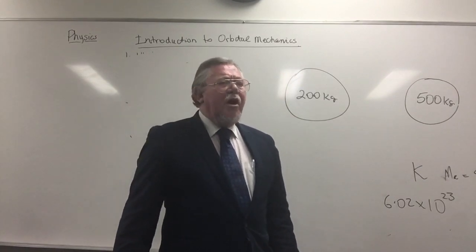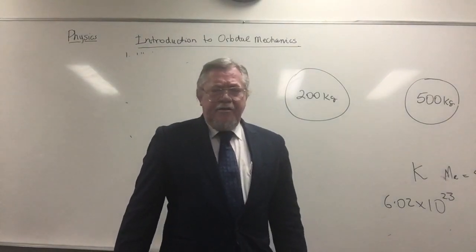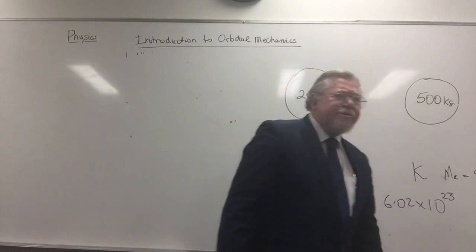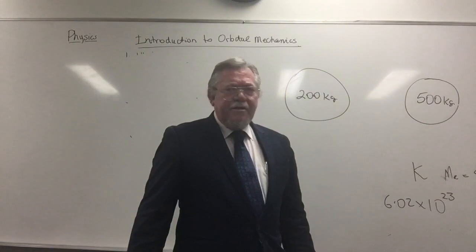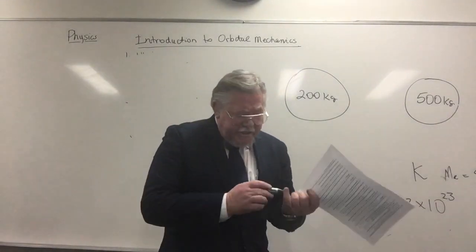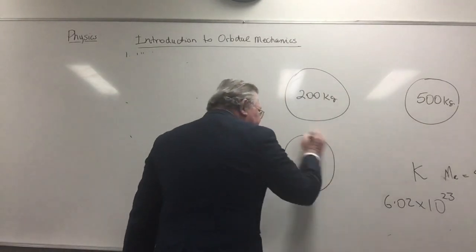So we've got to ask ourselves, what does it mean by mass then? What does it mean by 40 grams? What does the mass actually mean? What we're saying is the mass is every atom. Let's pick the smallest one.